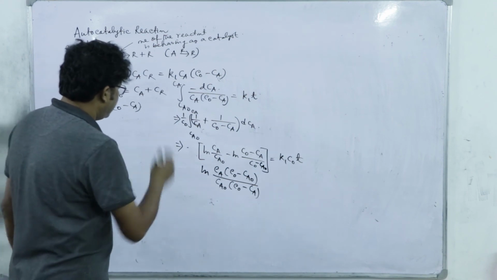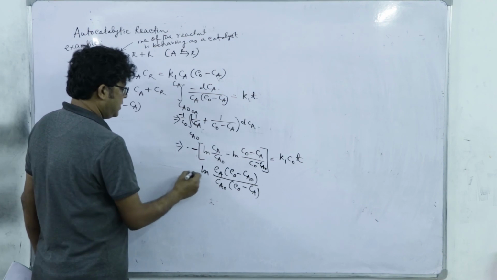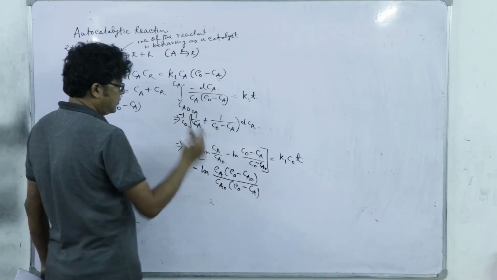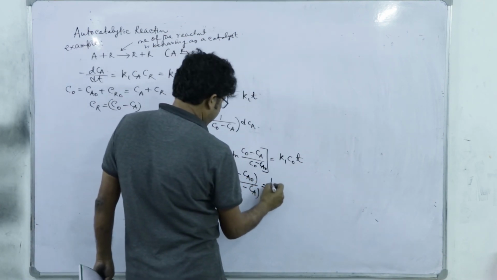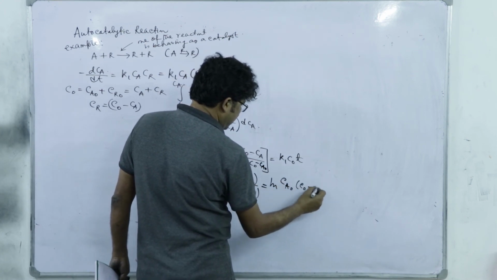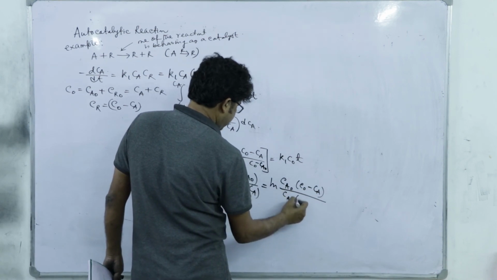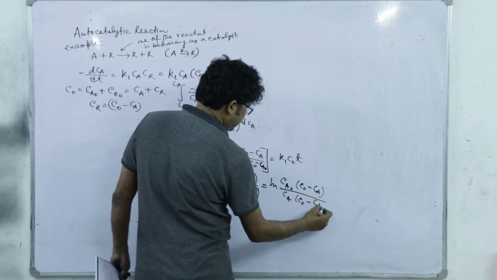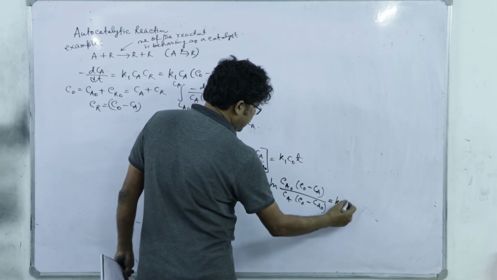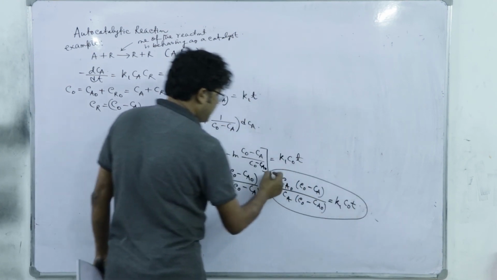Yeah, I have missed the minus sign basically. So, there is a minus, there is a minus, this minus sign will be equivalent. So, ln of Ca naught into C naught minus Ca divided by Ca into C naught minus Ca naught equal to K1 into C naught into T. So, that is the final form.